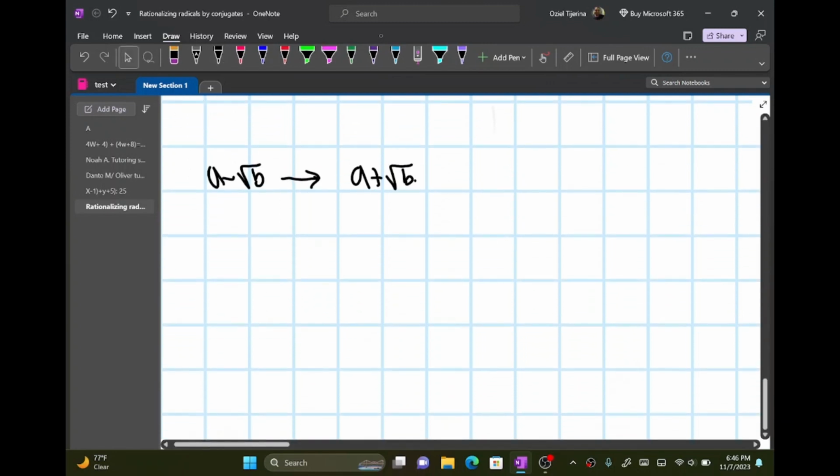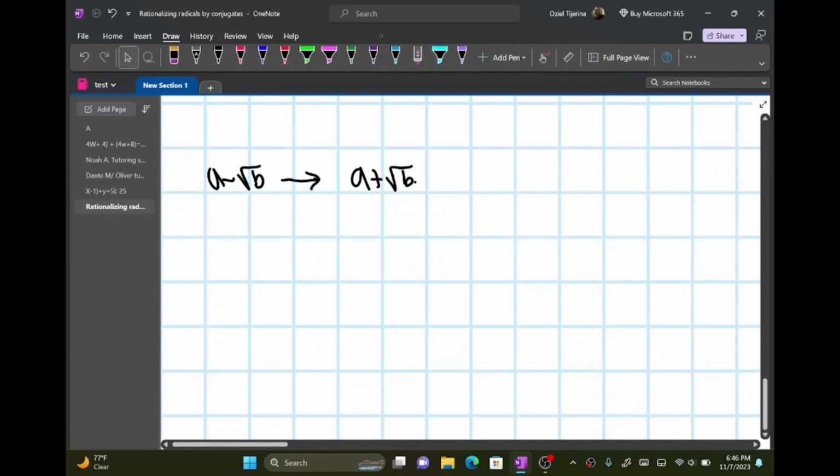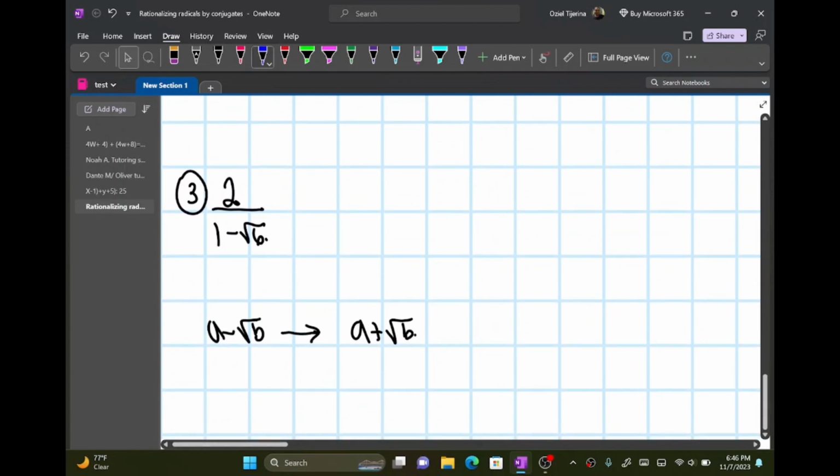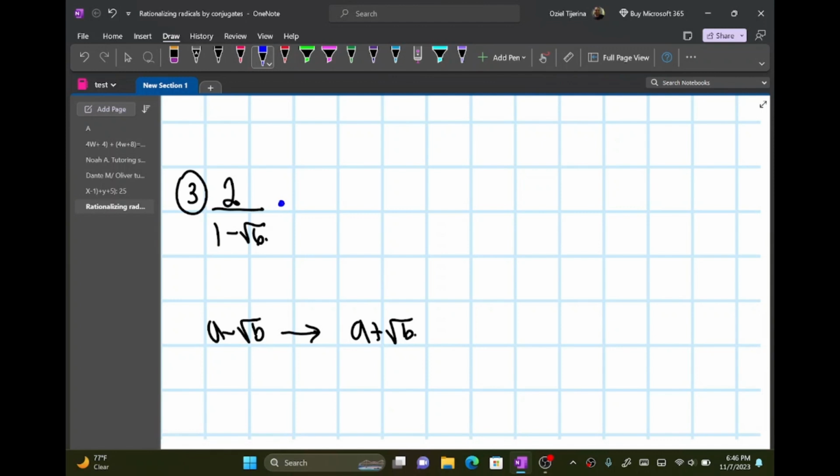Okay, and so here, we need to go ahead and multiply by the conjugate. So if I have 1 minus square root of 6, I'm going to multiply times 1 plus square root of 6.